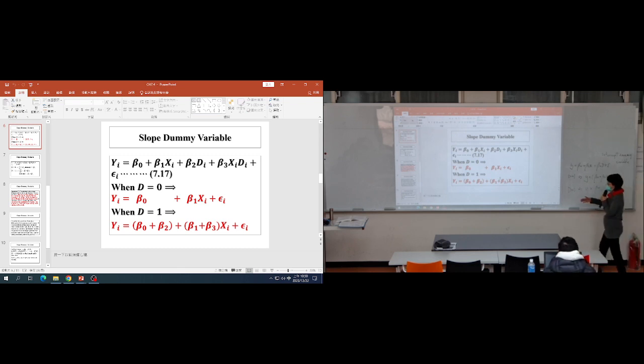Then how about this? There are many situations, right? And this difference can be positive or negative. If beta 2 is positive, it means the starting salary of men is higher than women.